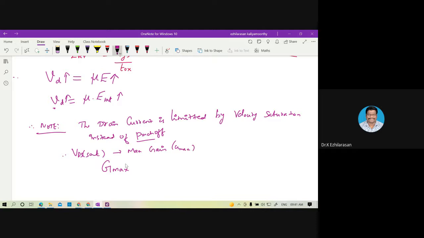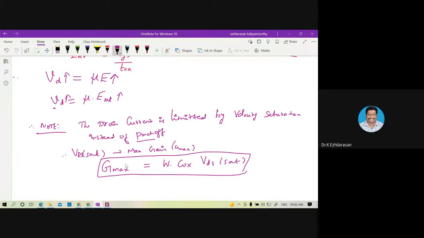So G max is equal to W into Cox into VDS SAT. This is the formula to calculate the maximum gain. We can calculate W into Cox into VDS SAT. This is called the alternative.